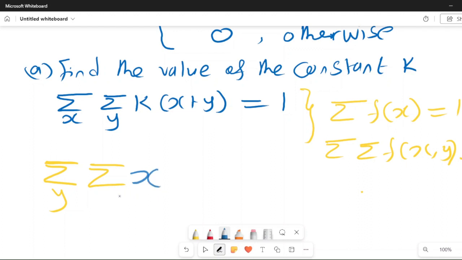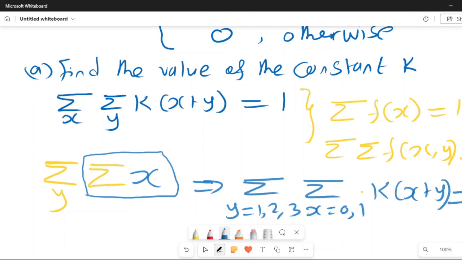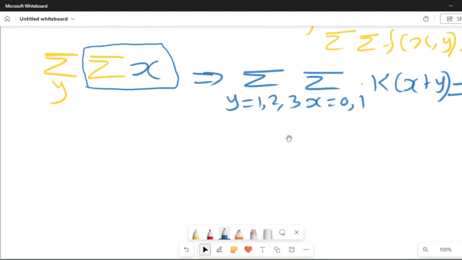What we mean by this is we want to find the summation over y, when y is 1, 2, and 3, and when x is 0 and 1, and then we sum k times (x plus y), and we equate that to 1 to be able to get the constant k, because that's the condition that should always be satisfied.